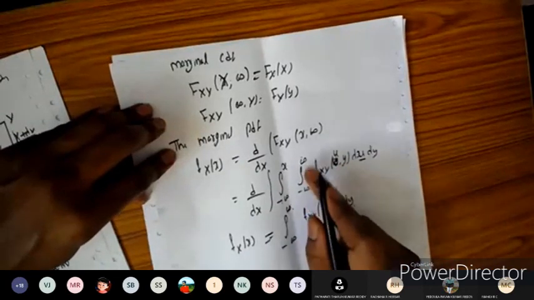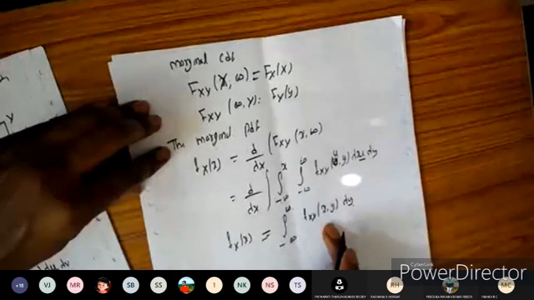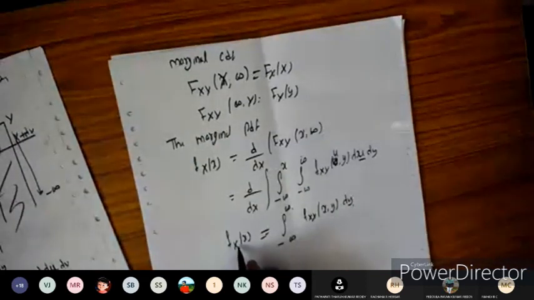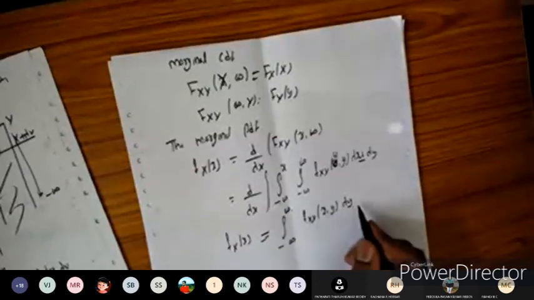The remaining quantity is the integral from minus infinity to plus infinity with respect to dy. So f_X(x) is the integral of f_XY(x, y) dy. We can say the marginal PDF can be obtained by integrating the bivariate PDF with respect to y.